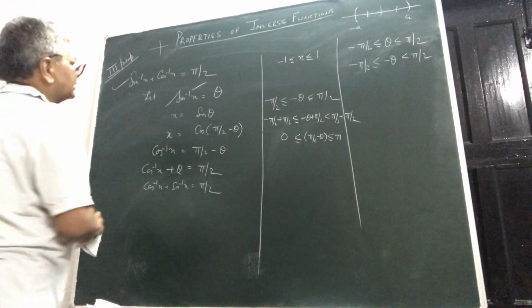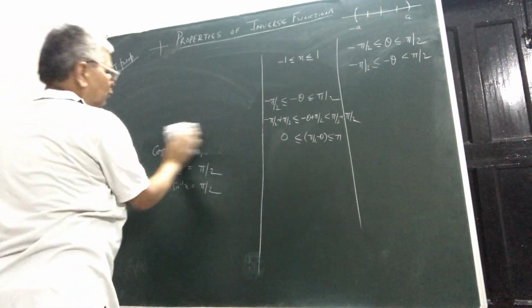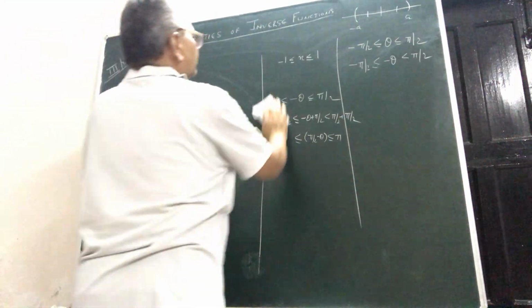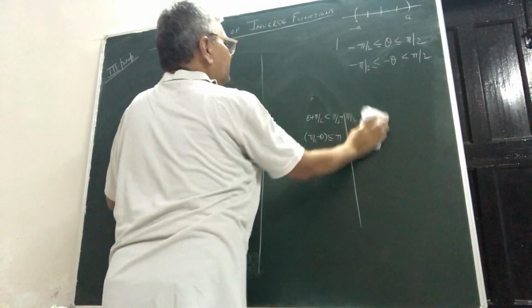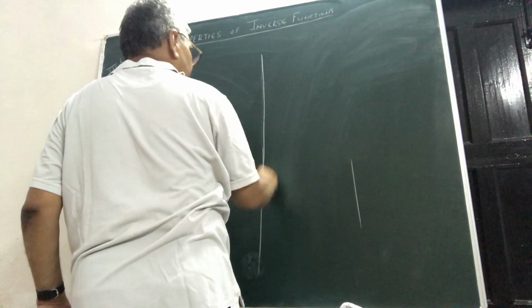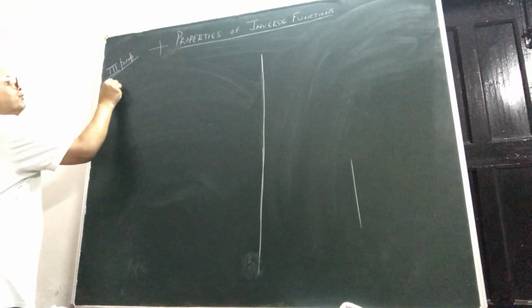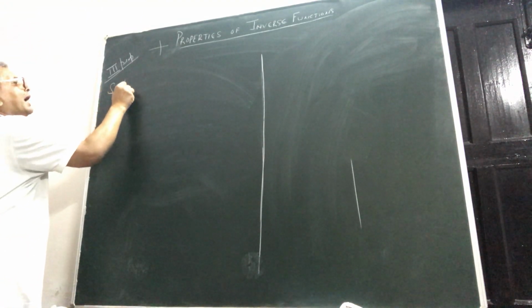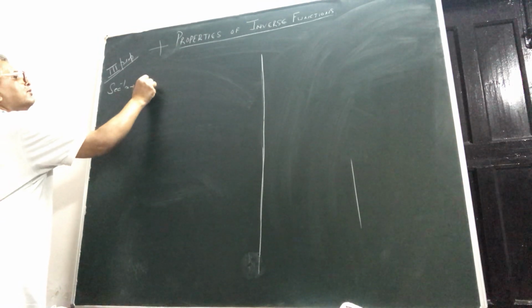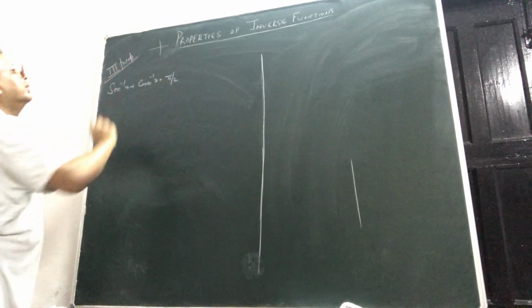Let us take the third property, sec inverse x plus cosec inverse x is equal to pi by 2, because again there you have to make sure that the principal branches are maintained throughout. So now we can prove sec inverse x plus cosec inverse x is equal to pi by 2.